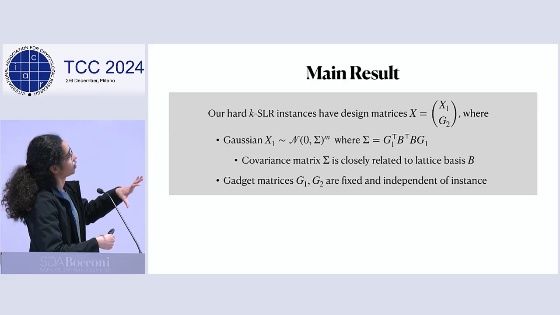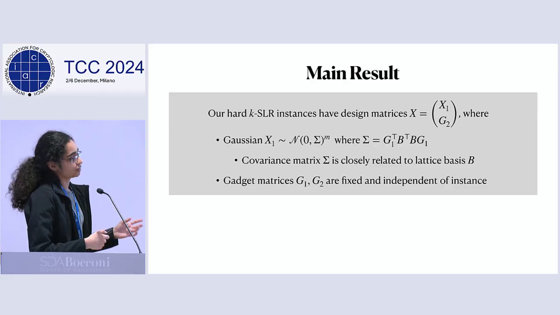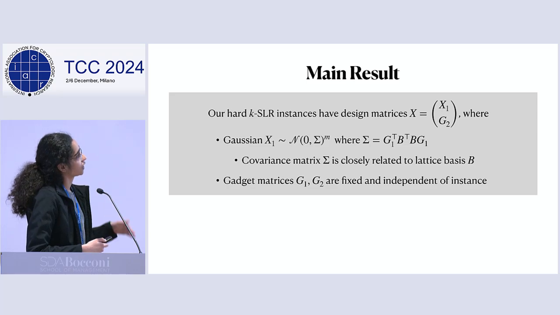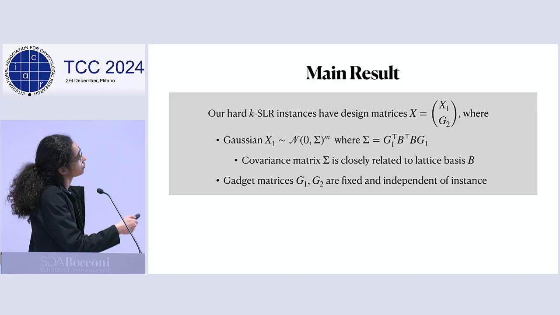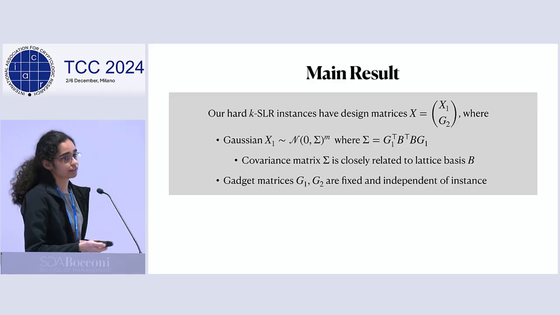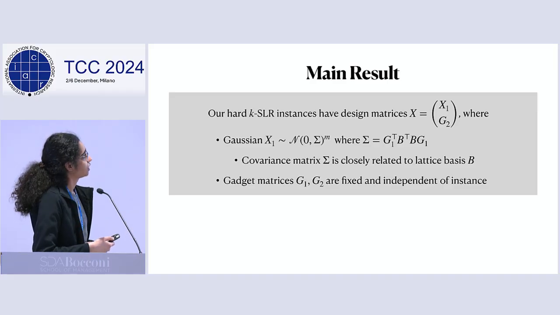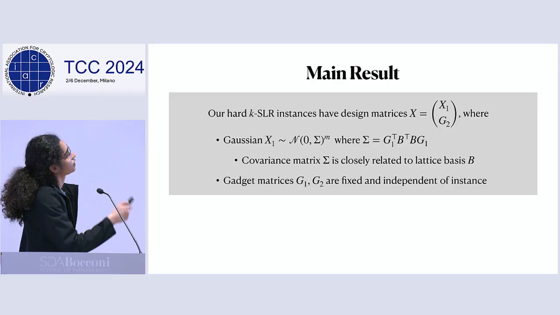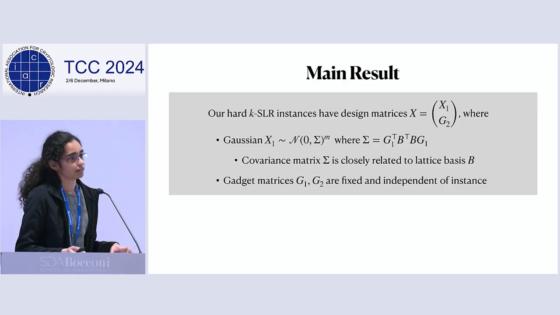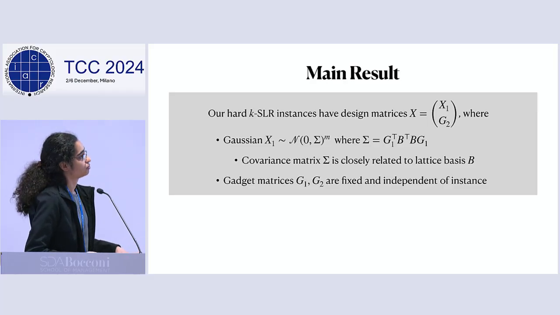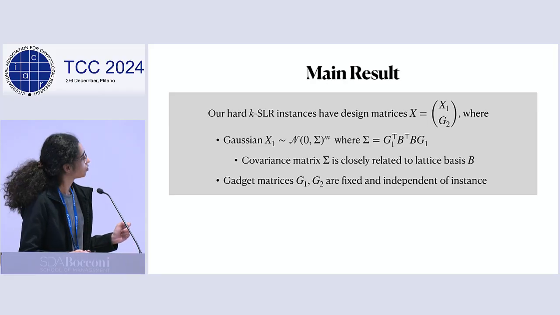The first block is X1, where the rows are drawn IID Gaussian with a covariance matrix that's closely related to the lattice basis. And the second block is a fixed, instance independent gadget matrix that doesn't worsen the RE constant of the matrix.